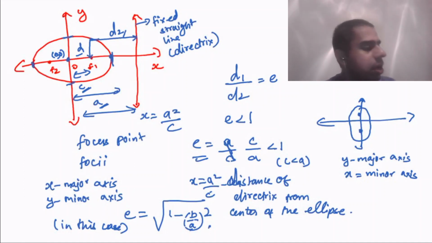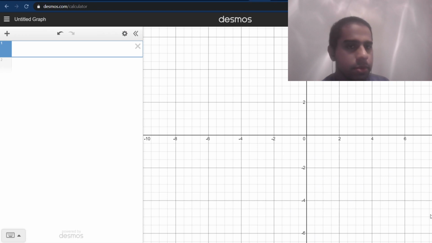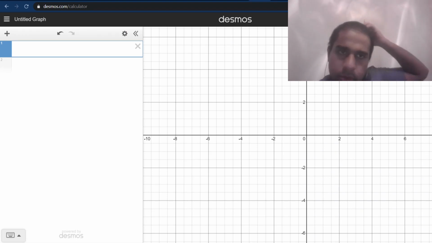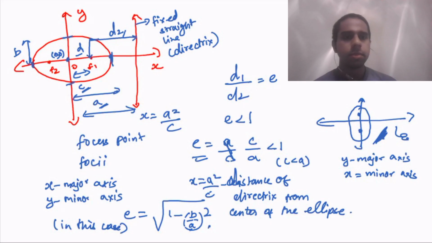So if we have an ellipse like this, if we consider this ellipse, I'm sorry, there was a small glitch.